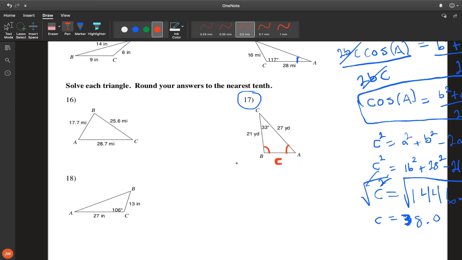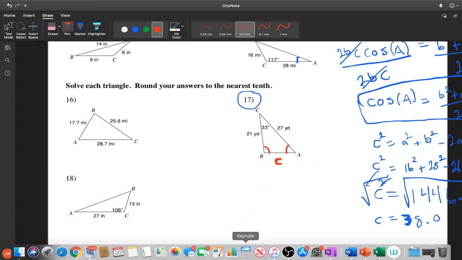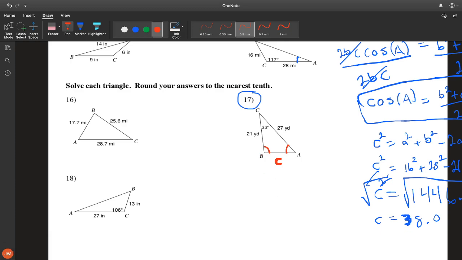So what's the first thing we can solve for here? Well, I think we can definitely solve for side length C, because as you can see, we have side angle side format, so we're going to be using cosine law, and we're missing C. So we have enough information to solve for C currently.